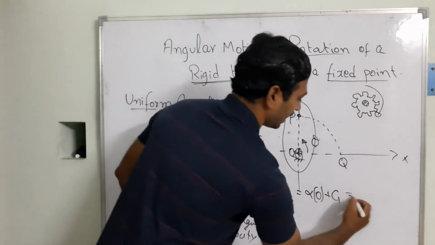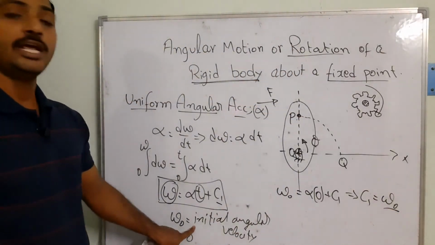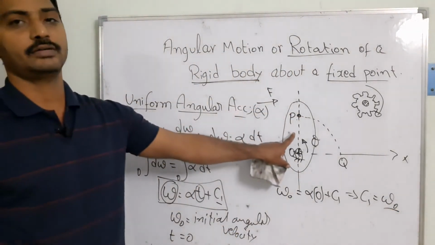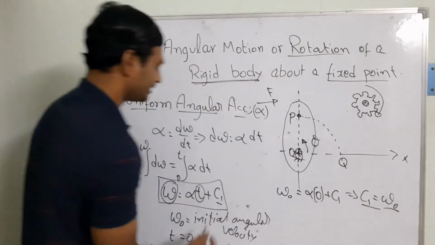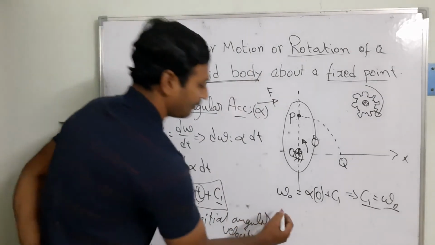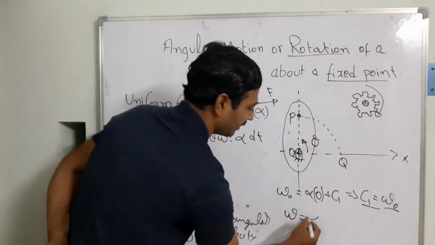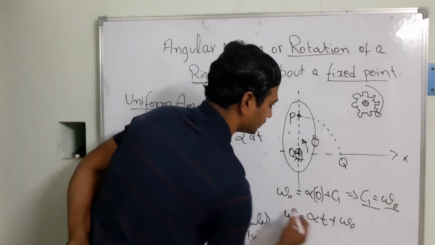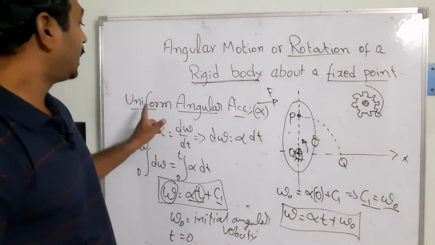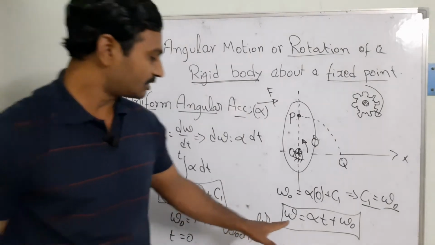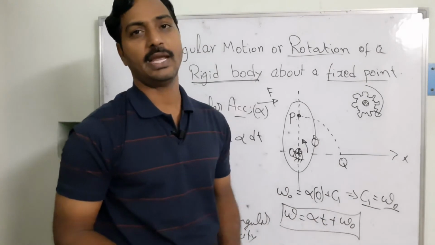From this, c1 is equal to omega naught, which is the initial angular velocity of the rigid body at time 0. Substituting the c1 value, I get omega is equal to alpha t plus omega naught. This is how we calculate the uniform angular acceleration in terms of the final and initial angular velocities.